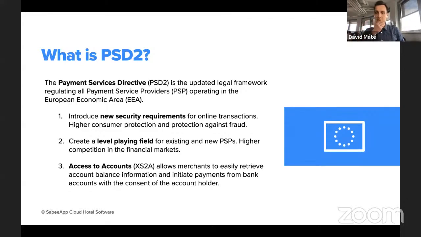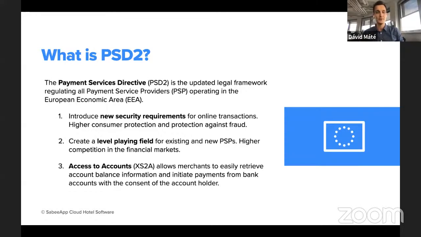And I know that we have hoteliers joining in from the UK, so I just wanted to highlight that even though Brexit happened, parts of the PSD2 directive are still ongoing and applicable for the UK market, such as strong customer authentication that I will touch upon in a bit.